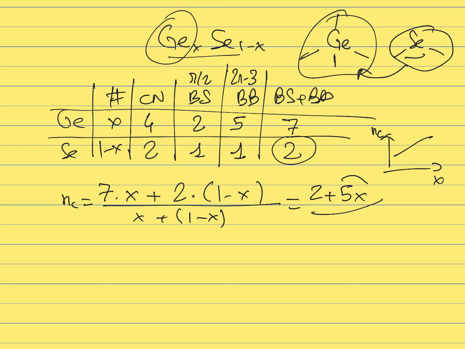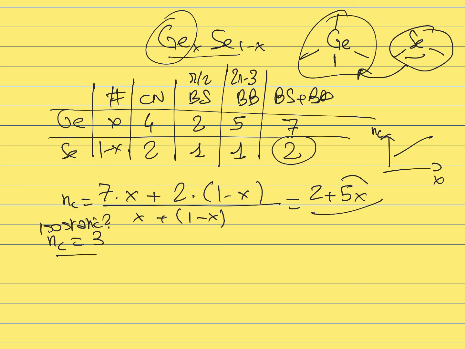So same thing, now you can look at what is the optimal alloy, what is the composition here, what is the optimal stoichiometry for this germanium selenium glass for which you will have maximum glass forming ability. For this, you need to solve for which x you will get an isostatic glass, that is to say a number of constraints equal to 3.